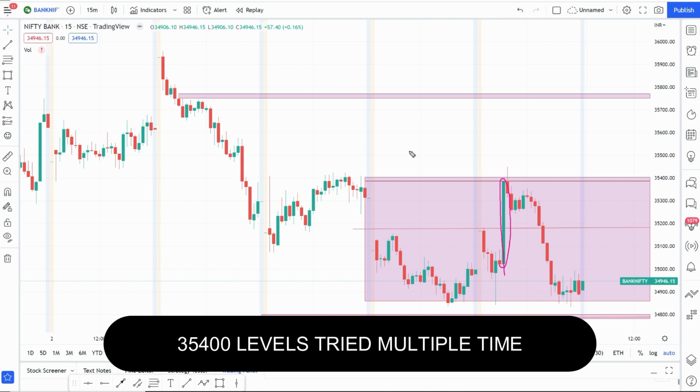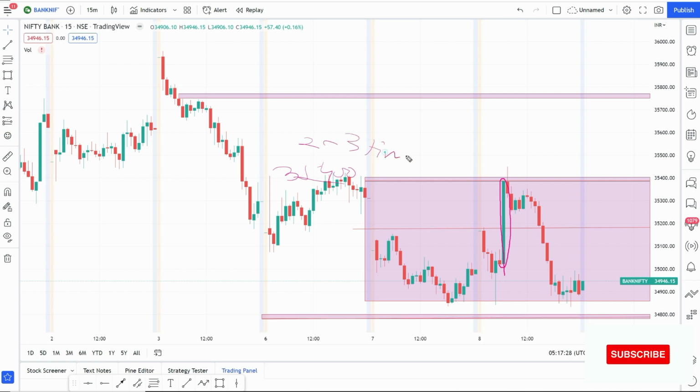Bank Nifty tried to touch around 35,400 levels, which it tried almost 2 to 3 times this week, but it was not able to sustain and immediately started coming down. Short positions were already created because it couldn't sustain, so there was no chance that it could revert and go above 35,400.